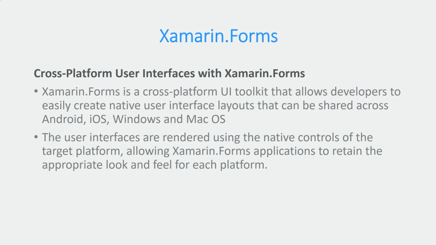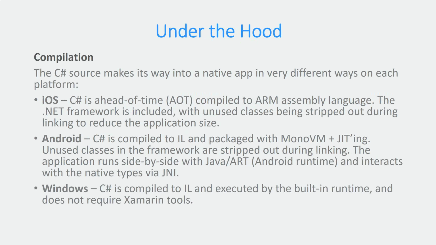Under the hood, when it's time to compile, your app gets compiled differently for each device. That's really good because you're taking advantage of the existing frameworks' compilers. This provides native apps that are fast. In iOS, Xamarin uses ahead-of-time compilation, just like any other Xcode developer would use.